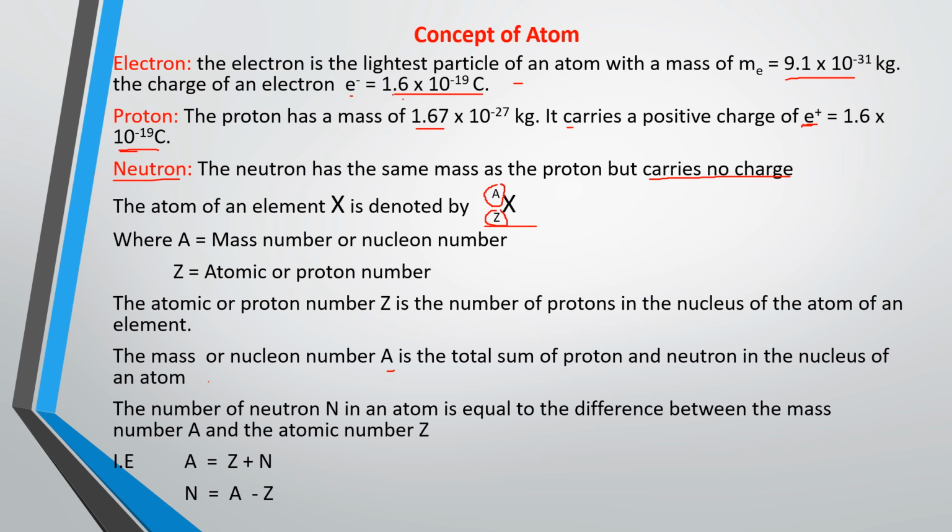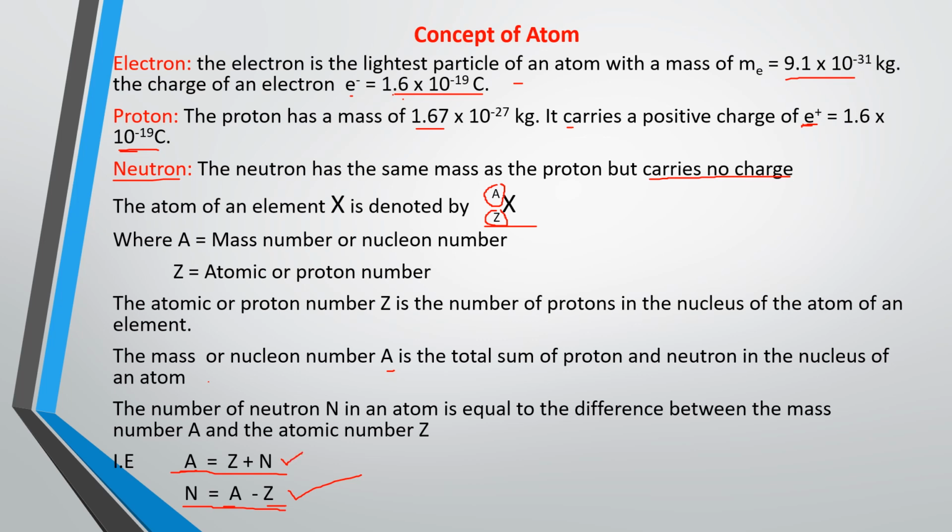All right, then if you know the mass number of an atom and you are given the atomic number, you can from this formula find the neutron number. Okay, so the number of neutrons in an atom is equal to the difference between the mass number of the atom and the atomic number, and that is what this formula connotes. Then if you are given the number of neutrons and the atomic number, you can also find the mass number by using this formula.